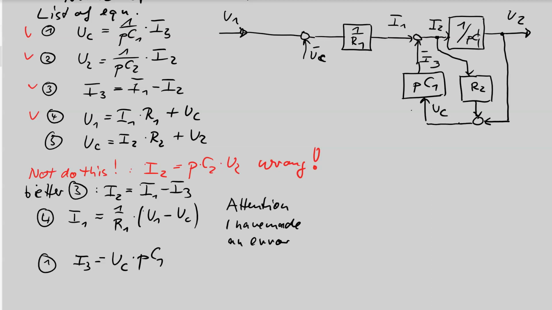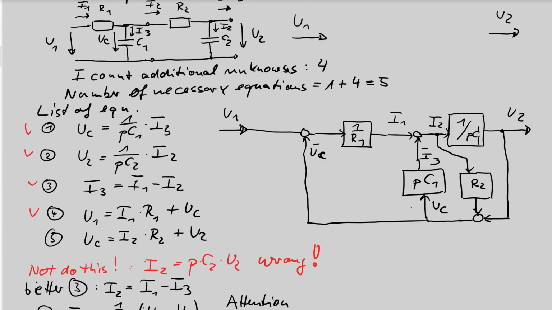So I can use this UC for this input, and I can use UC for that input. And now you see any open input is now closed. I have a connection from U1 to U2. So this is the signal block diagram of this circuit using these 5 equations.